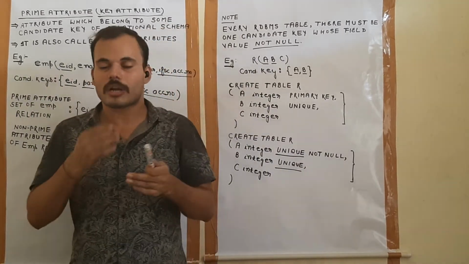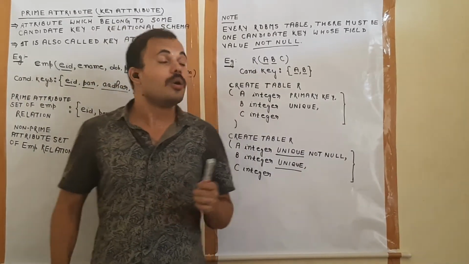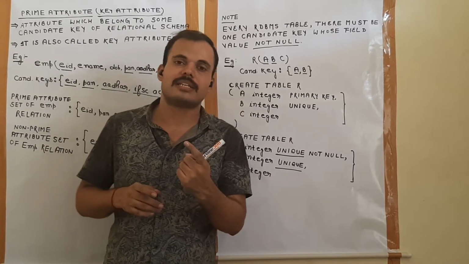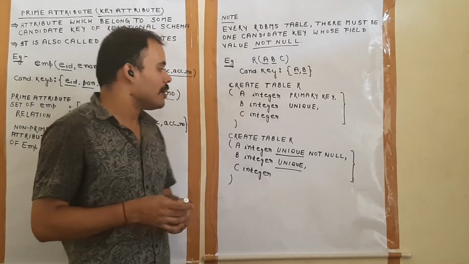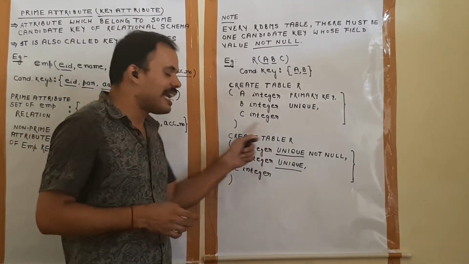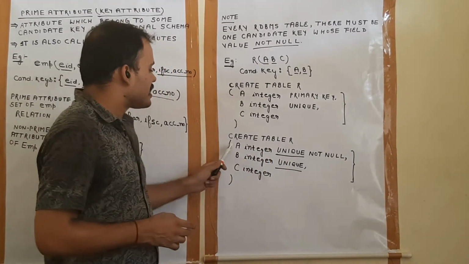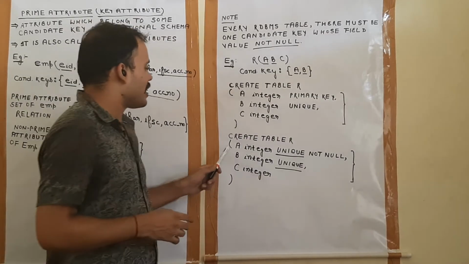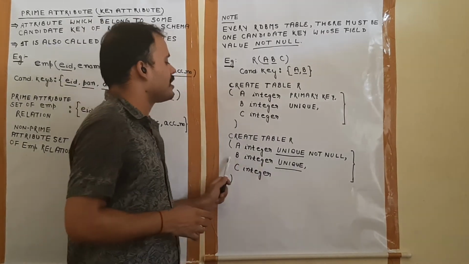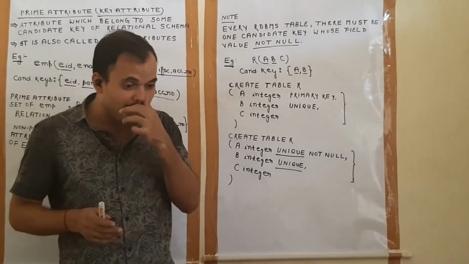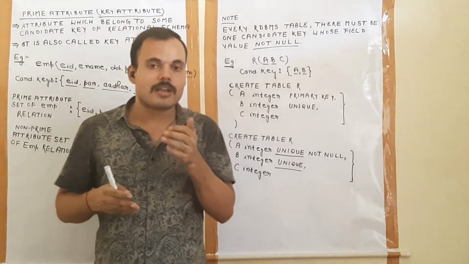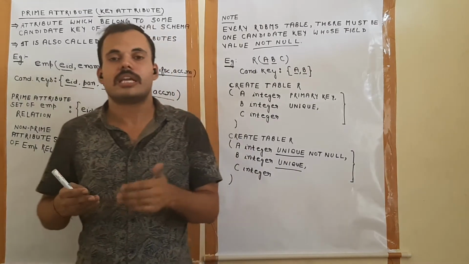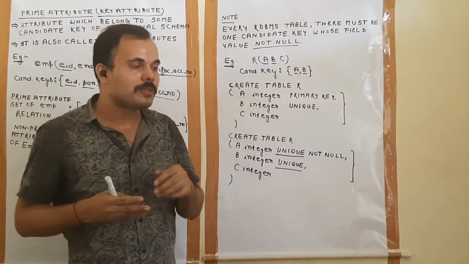Alternative key is also a candidate key, but there must be one candidate key whose field value is not null, because since no primary key is there. See here, this candidate key is an alternative key, and in alternative keys nulls are allowed in field values.